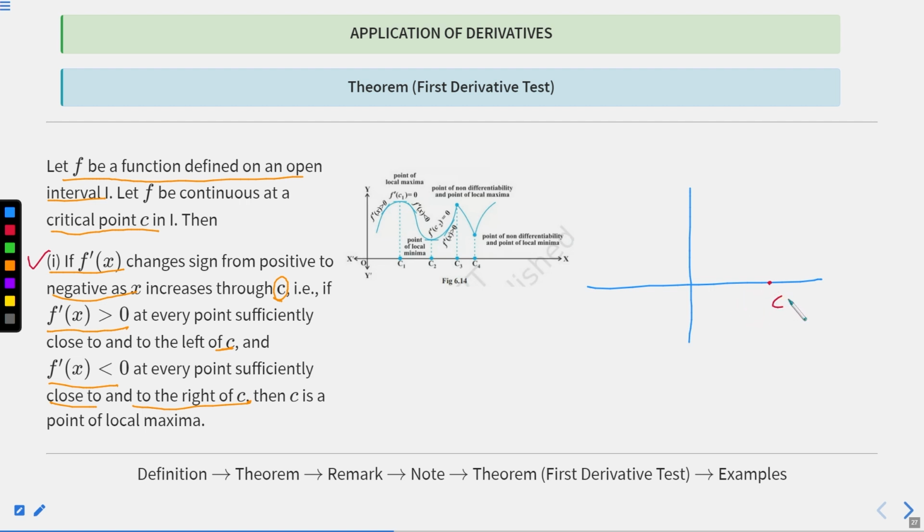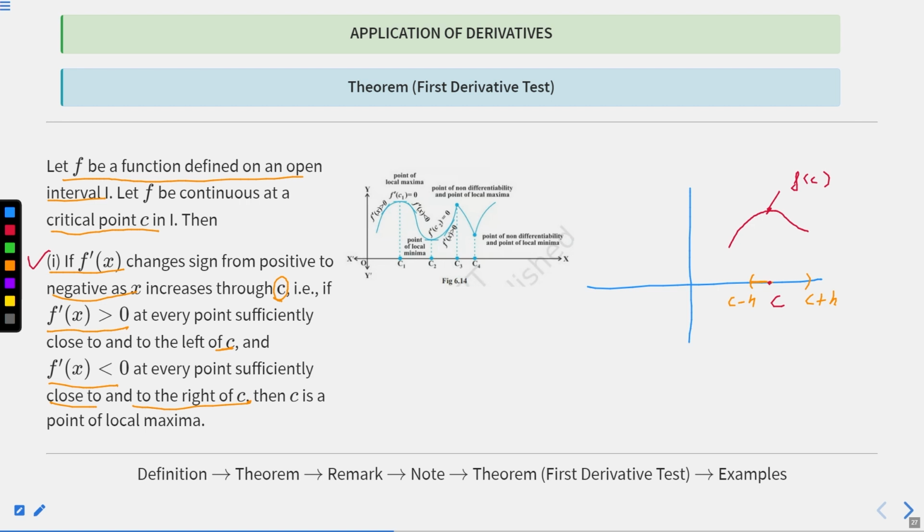This means you have some continuous graph, suppose like this. This value is f of c. Now as you can see, this is c minus h and this is c plus h. Okay, now what?